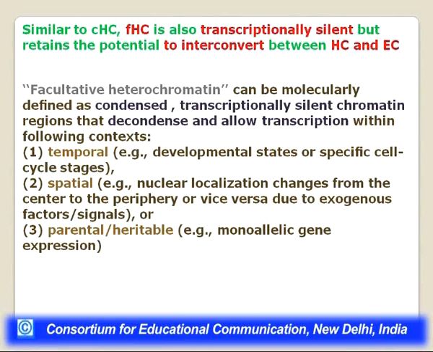If it is present in a female, one of the X chromosomes remains condensed, but if the same X chromosome is passed on to the male in the next progeny, then it will become decondensed or euchromatin in origin. So, the facultative heterochromatin is distinguished by the differences in the temporal, spatial or parental or heritable context we talk about for the facultative heterochromatin region.